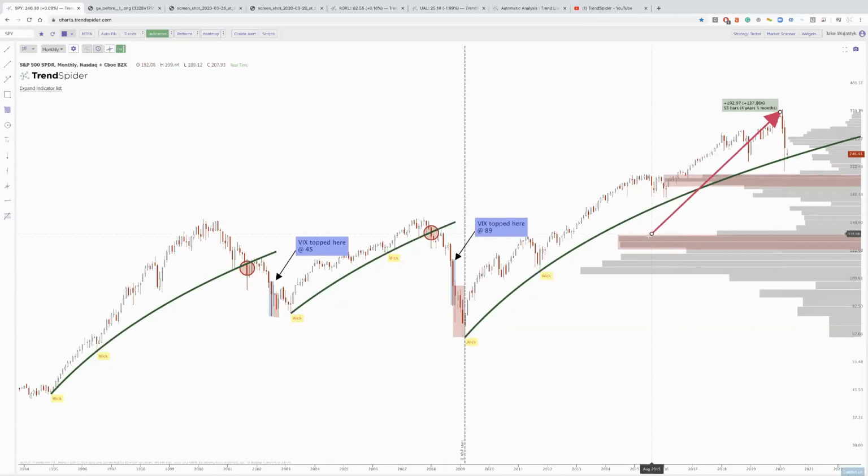If you were holding way back from the initial drop from the European crisis in 2011, 2012, you're up 140% in about 7 years. So there were a lot of people holding profits from these particular areas.